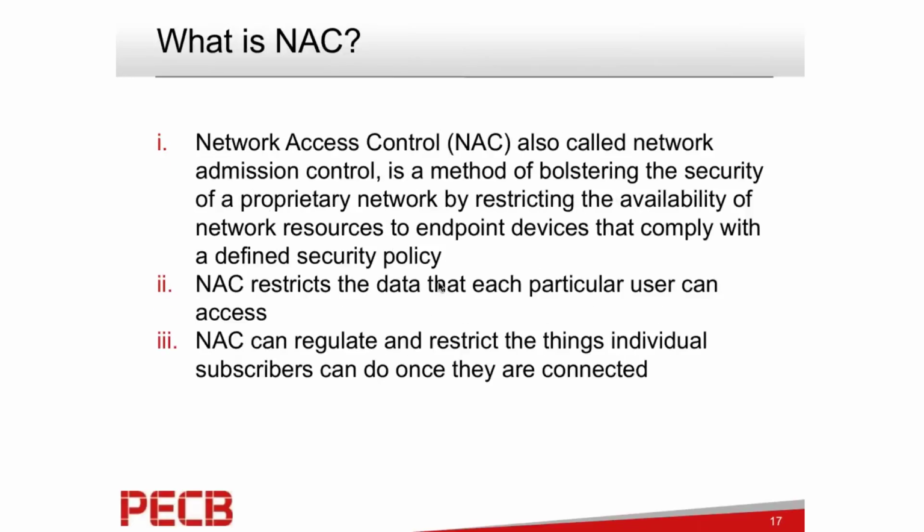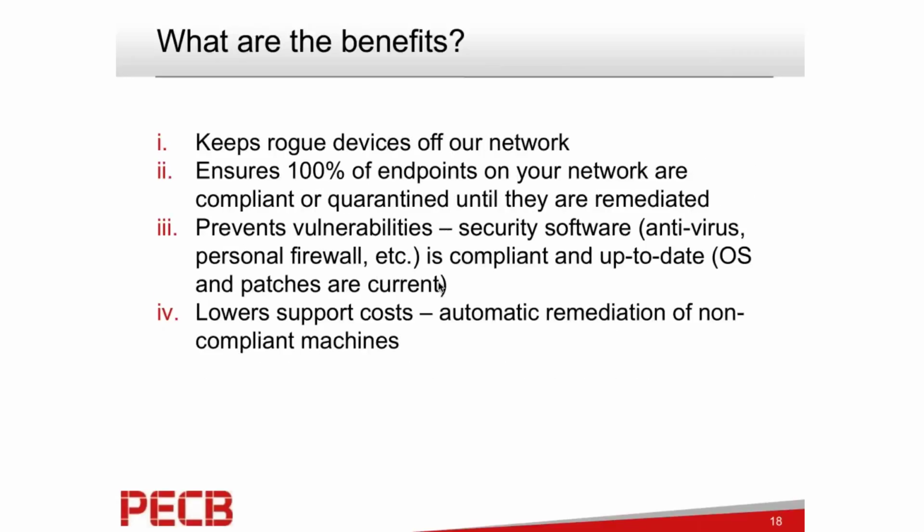So network access control is the way you will be able to restrict the data that each particular user can access. You will be able to regulate and restrict the things individual subscribers can do once they are connected. The benefits: you're going to keep rogue devices off your network.